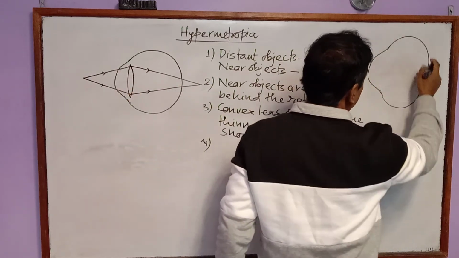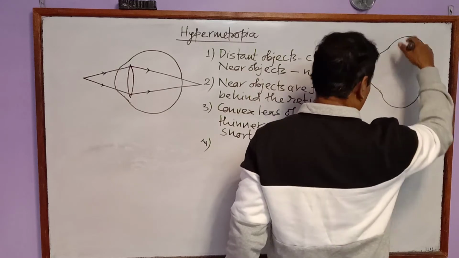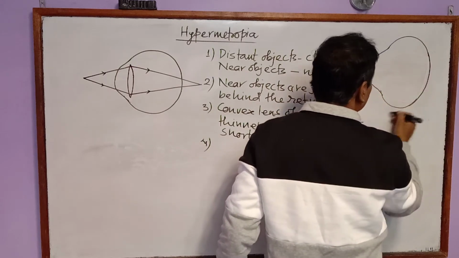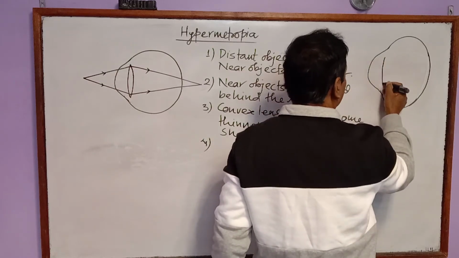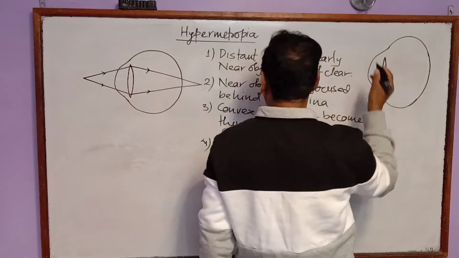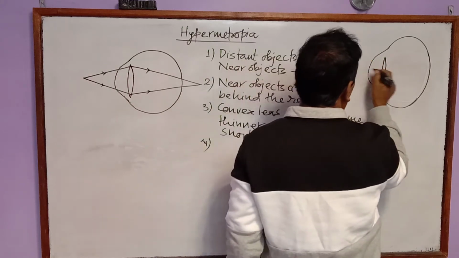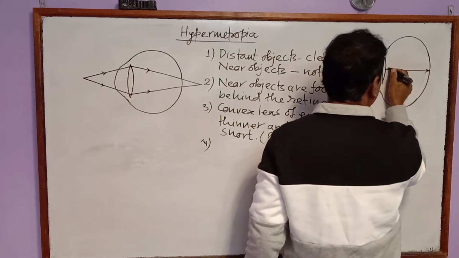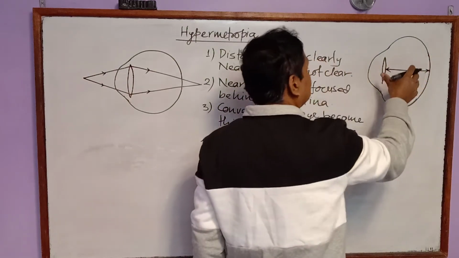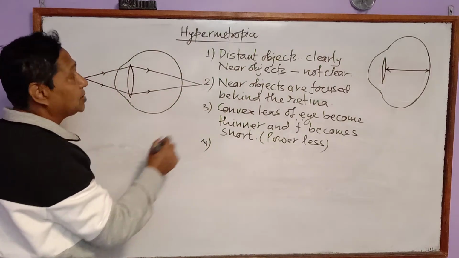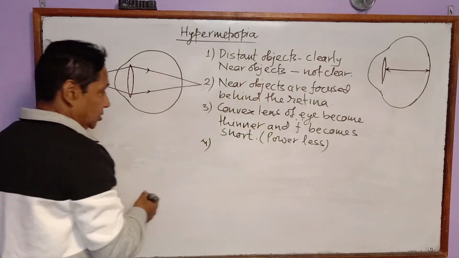It is a little bulged up and down, a little more than the normal size. This is a bulged eyeball, and because of the bulged eyeball, this convex lens is also thin. That's why the distance between lens and retina changes, and because of this reason also this defect can be seen in the human eye.